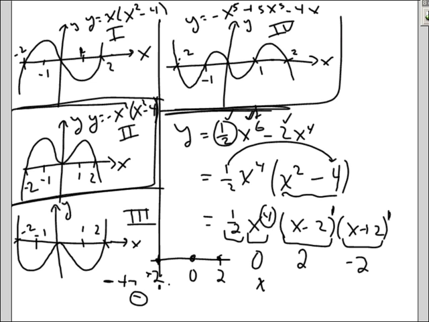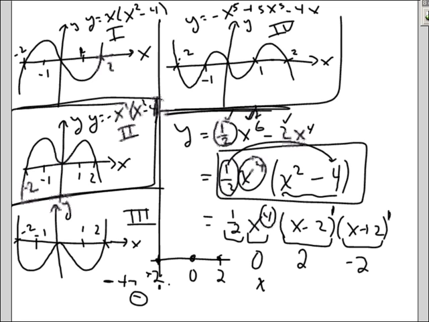And when x is very, very large, you can use this equation here. When x is very, very, very large, a half is positive. Raise a large number to the fourth power is positive. If x is very positive when you square it, it's very, very large.